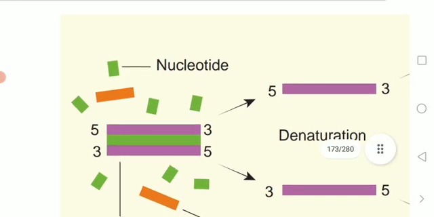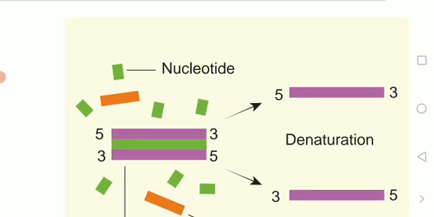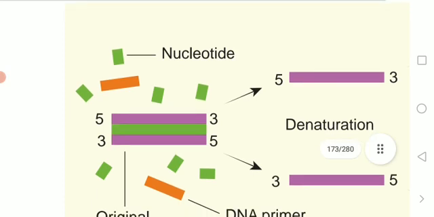The hydrogen bonds present between the nitrogen bases, adenine and thymine with a double bond, need to be broken. Then only can we separate the strands.